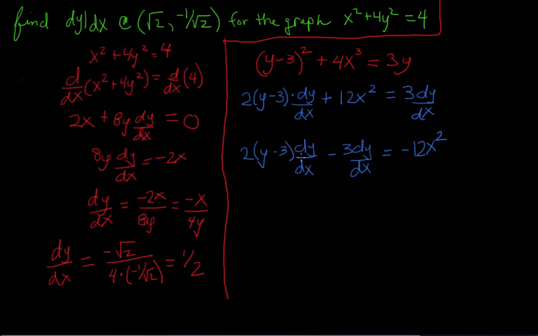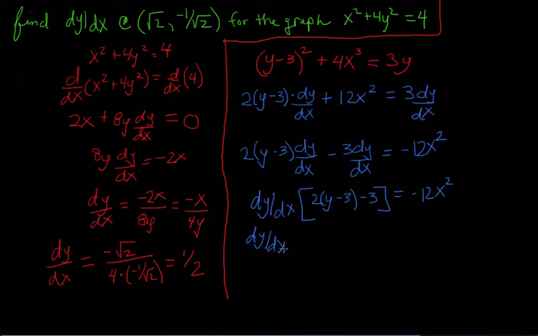I'm going to factor my dy/dx's out, because again, that's our goal. We want to solve for dy/dx times 2y minus 3 minus 3, and that equals negative 12x squared. Now that we've factored, we can get dy/dx by itself by dividing.